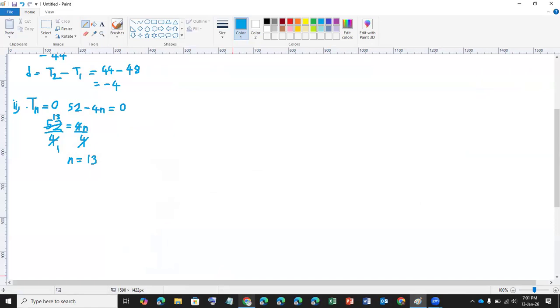But the question now is this, you know, they just asked us which term will be 0. They didn't say that 0 is the last term. That means there's a possibility that you could have equally gotten the 14th term, which would be what? 0 minus 4, which is minus 4. Do you agree with that?